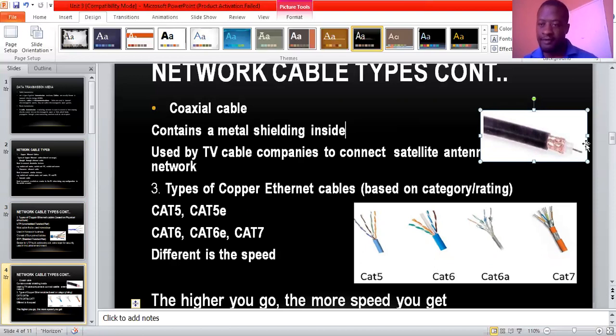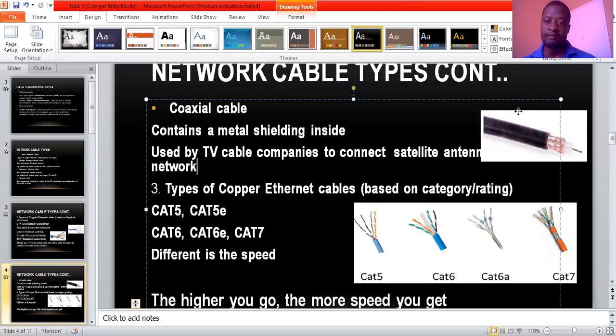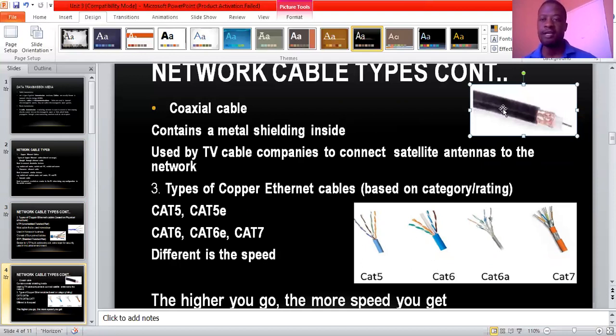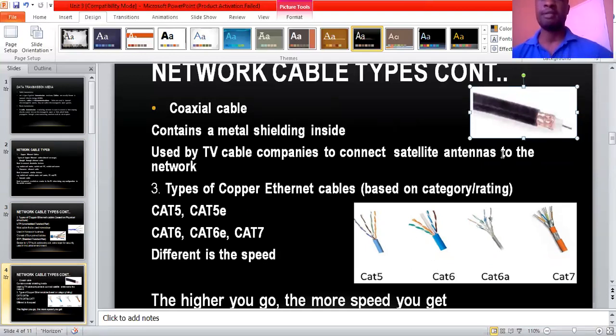If you look here, it has this little metal inside. Mostly coaxial cables are used by TV cable companies to connect satellite antennas to the network. All right.